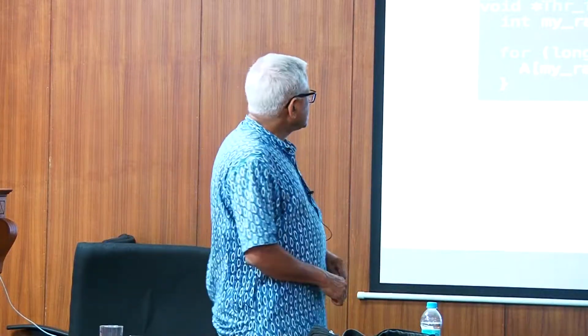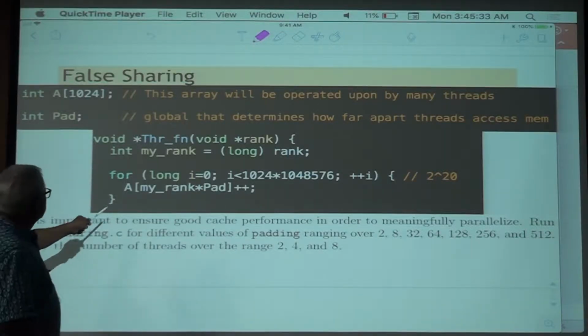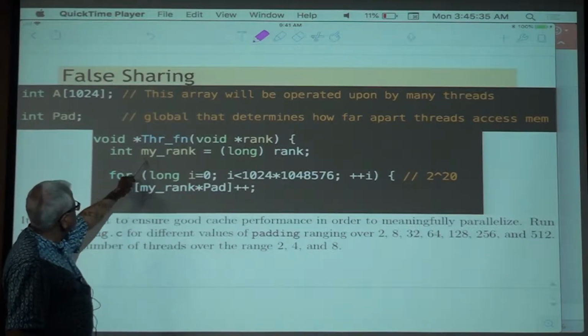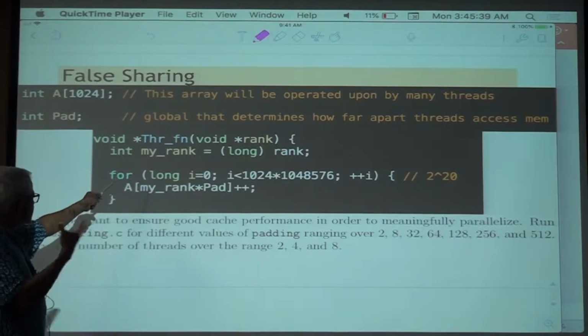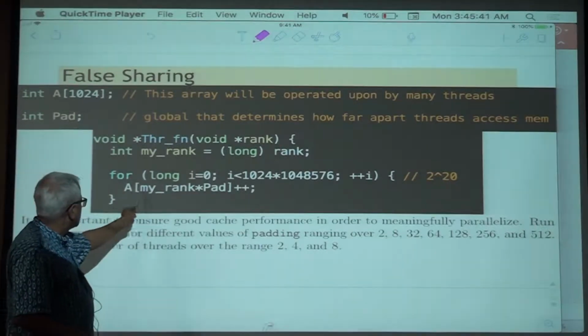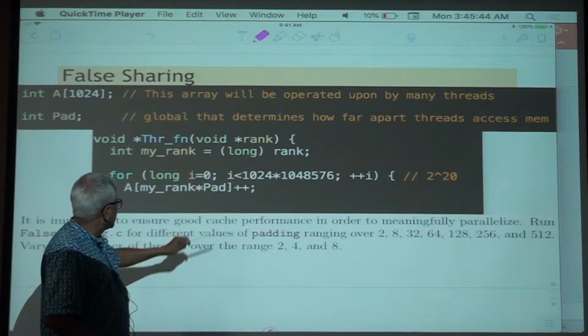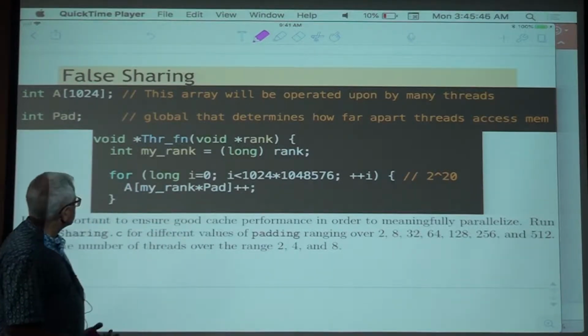The surrounding code is not shown here, but once this code is spawned, each thread is simply doing what? Each thread is only getting its own rank. I may be thread 0 or thread 1. Then I am taking my thread rank and multiplying with a padding factor.